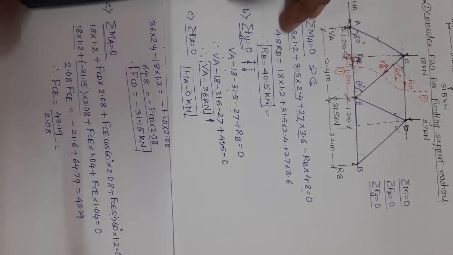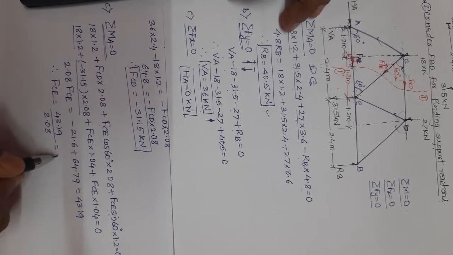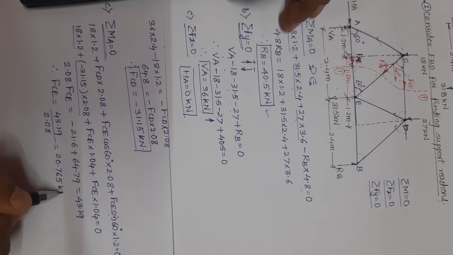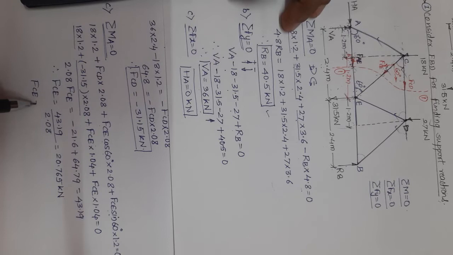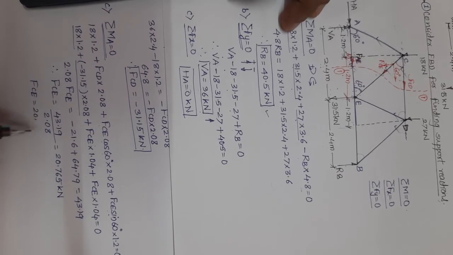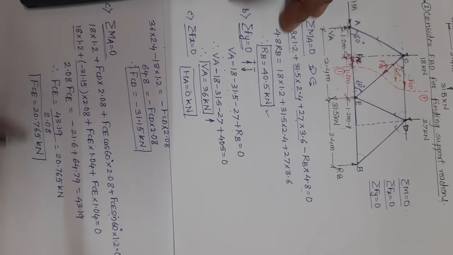This is divided by 2.08. So this is 20.765 kilonewton. So what is your final answer? FCE is 20.765 kilonewton. So this is the third answer we are getting.